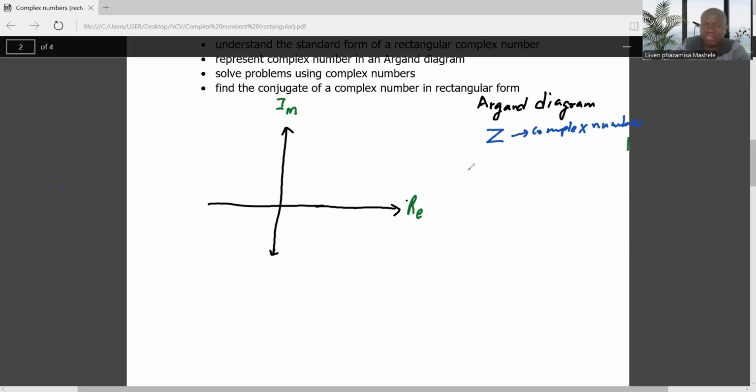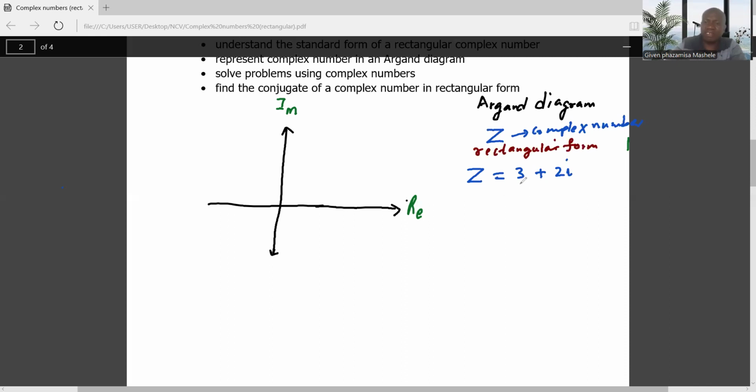So if I say Z equals 3 plus 2i, you need to know the standard form of that complex number. Already by looking at it, it is in rectangular form. This is the rectangular form of a complex number.